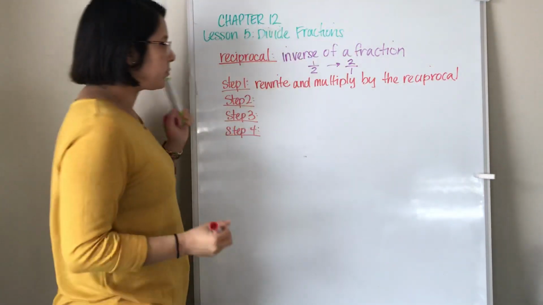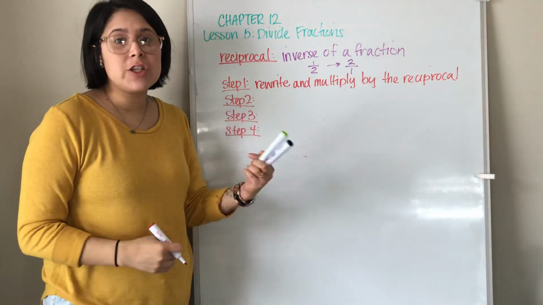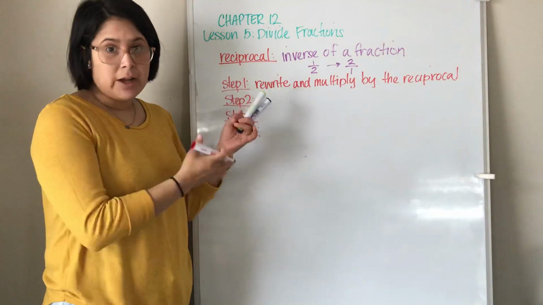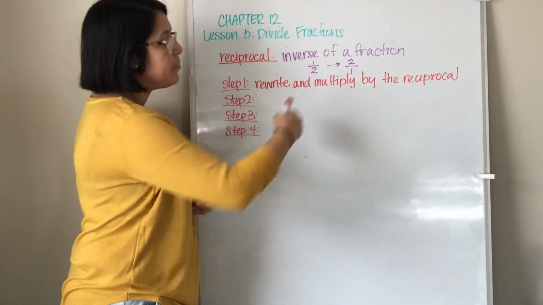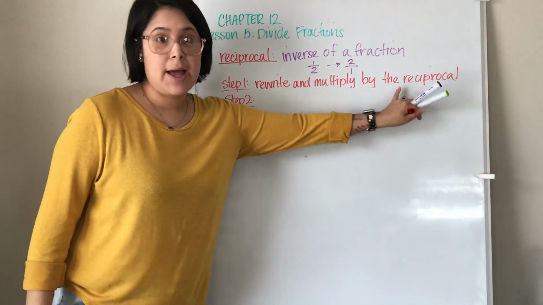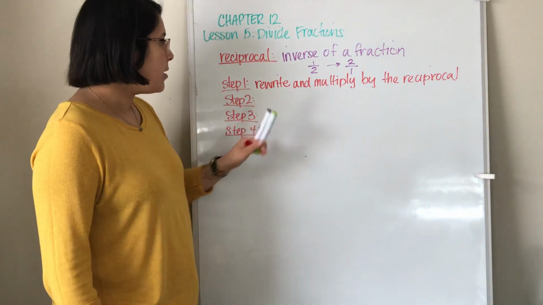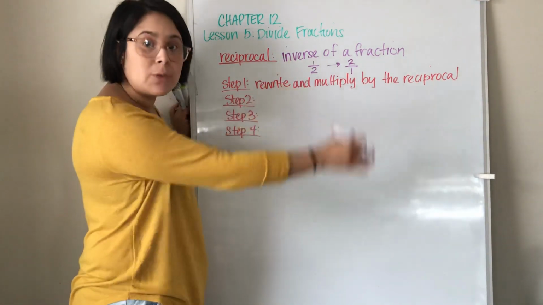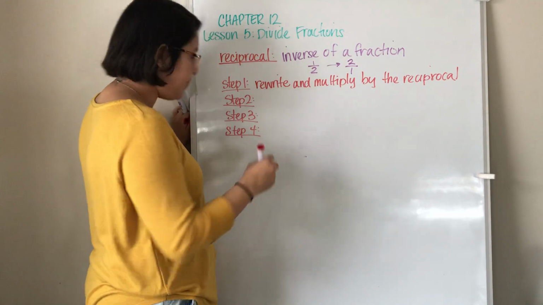So I'm rewriting the problem, and instead of it being a division sign, I'm going to switch that to a multiplication sign, and then I'm going to multiply it by the reciprocal. That'll make sense in a second, but you're going to switch it to a multiplication problem. So we're going to go over that.